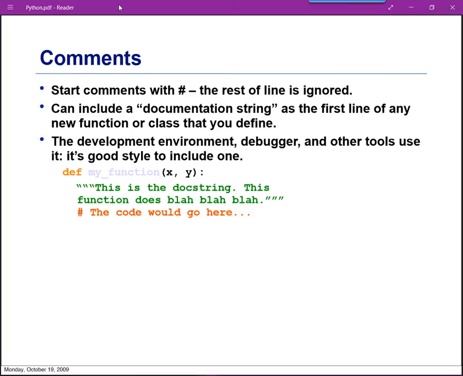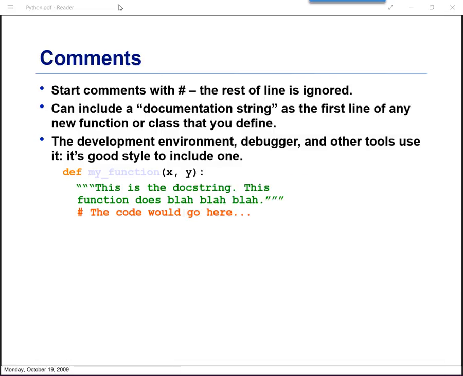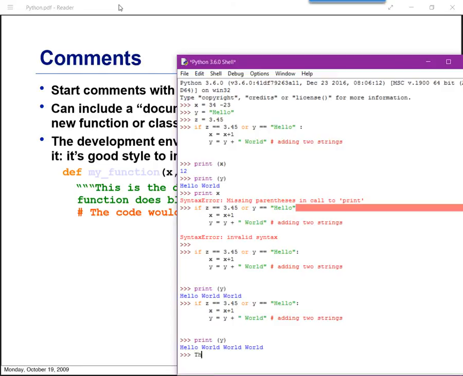It can include a documentation string. A lot of times people will not put the comment in. If a line doesn't contain anything, some versions of Python will automatically just interpret it as a comment. So, in other words, this is a comment.